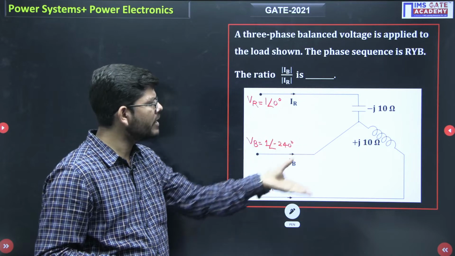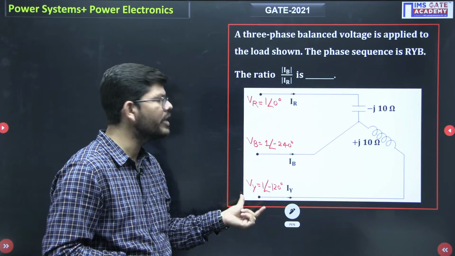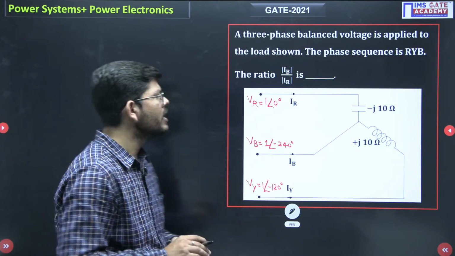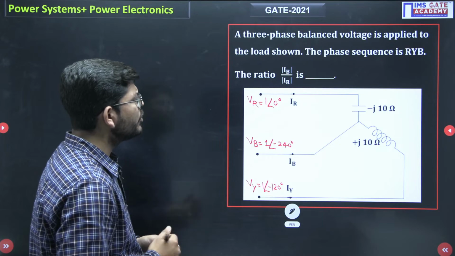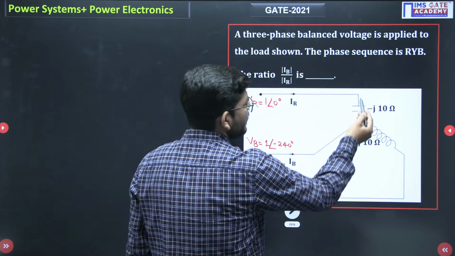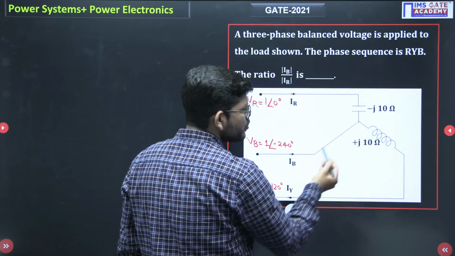If we have a balanced three-phase system, the three voltages will be displaced with respect to each other by an angle of 120 degrees. Yes or no? Now this is a balanced system. This has an impedance connected, and this appears to be a short here.